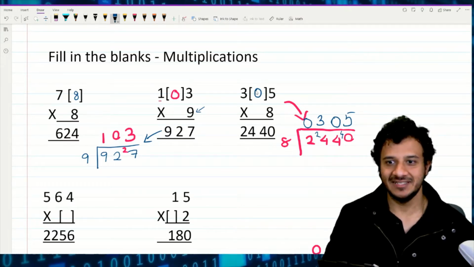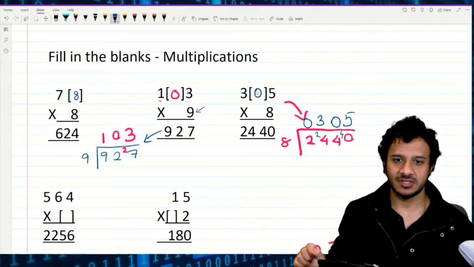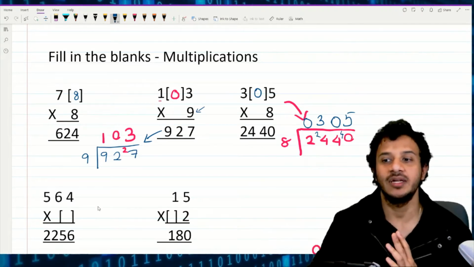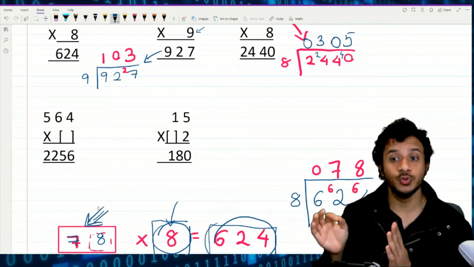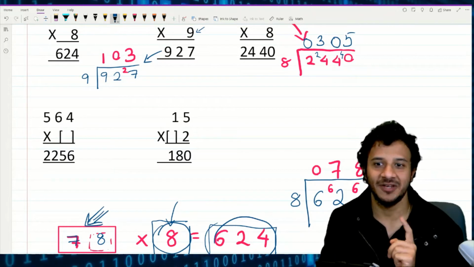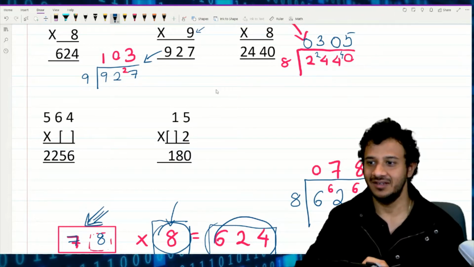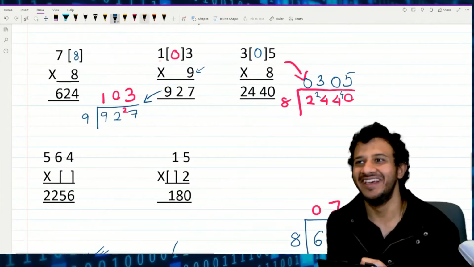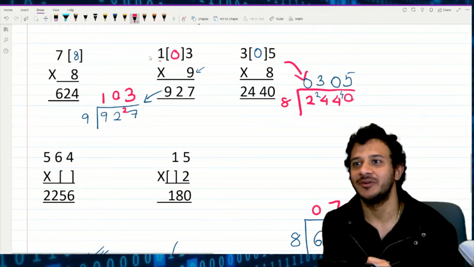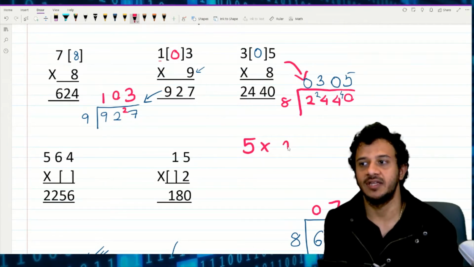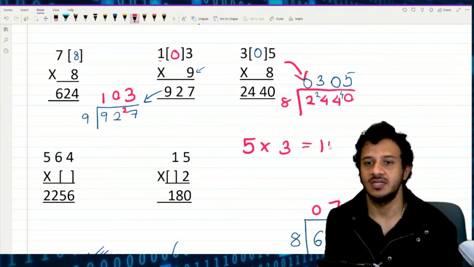You understand it? Okay, the next question. The second number is not given. Again, I am going to understand what I should do using my easy trick. What is my easy trick? Always think about 5 and 3. 5 and 3 makes your life happy. Now this is a multiplication question, so I will think about 5 times 3 equals 15.